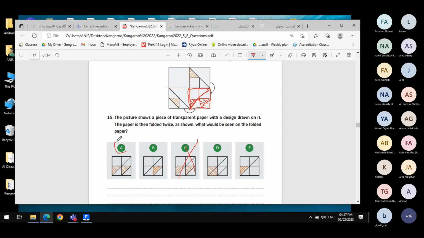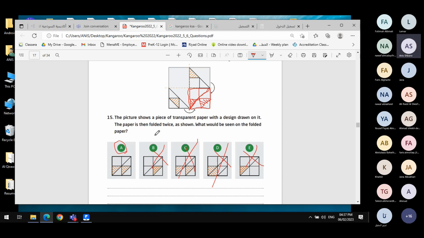Yes, A. By the way, they gave us a small hint here in the choices. I have congruent triangles. We can directly take away B, D, and E, and we are going to choose between A and C. If we missed those arrows, we are going to choose C, and if we didn't, we will choose A.